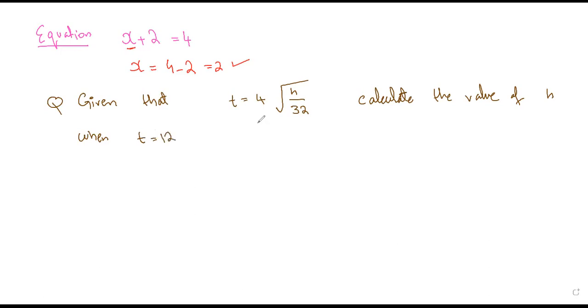Now, if they only had the question till here, we would not have been able to do it, because this question has two unknowns. One unknown is t and the other unknown is h.